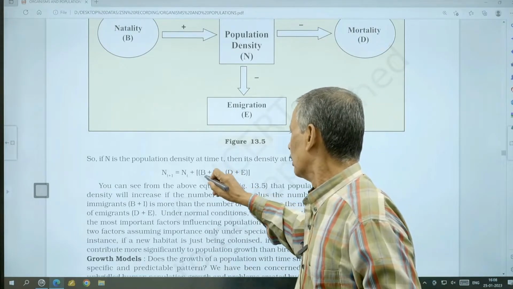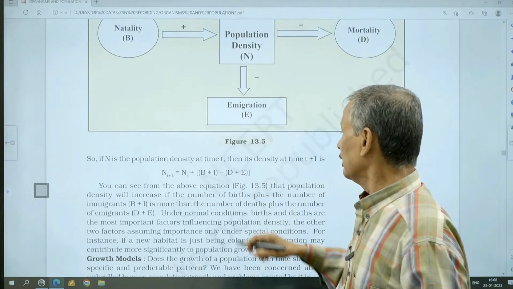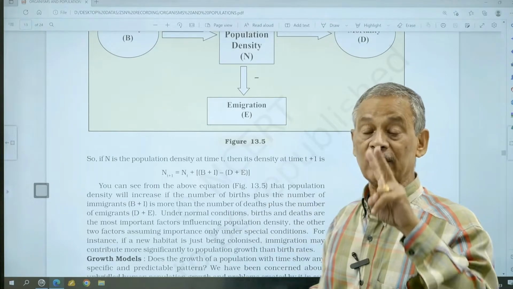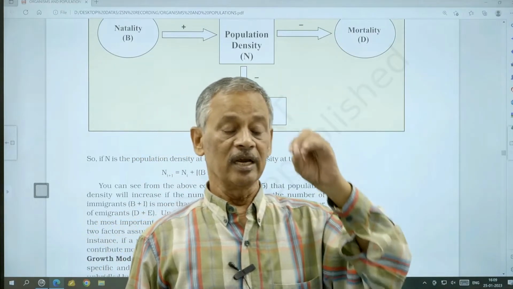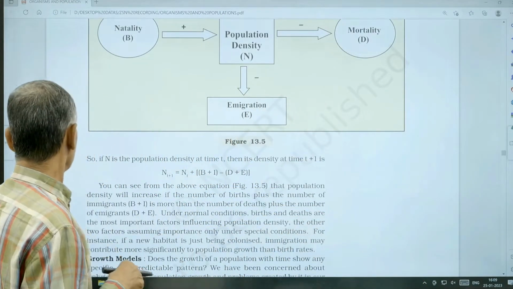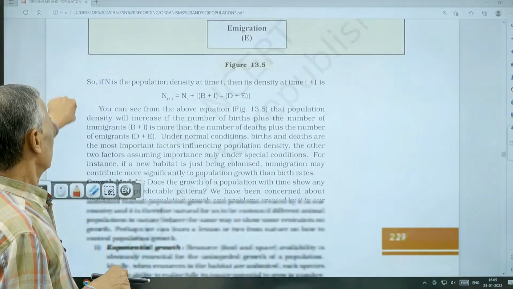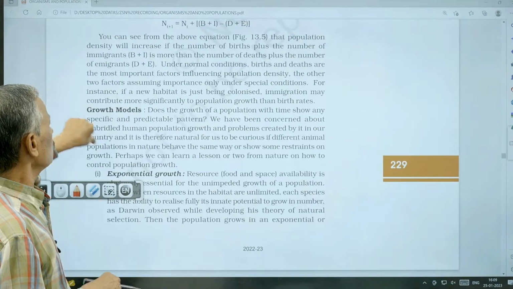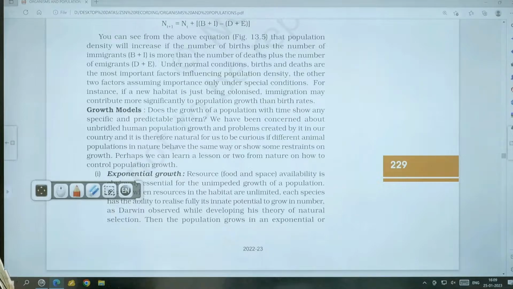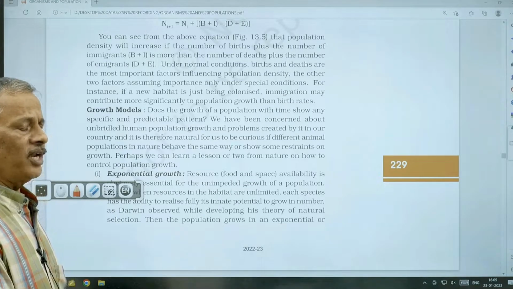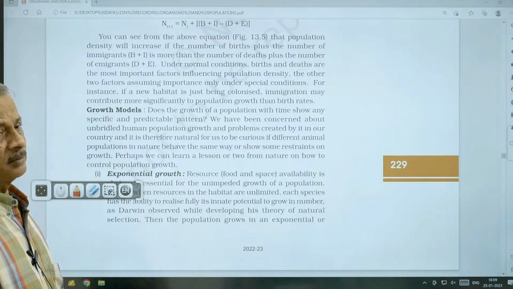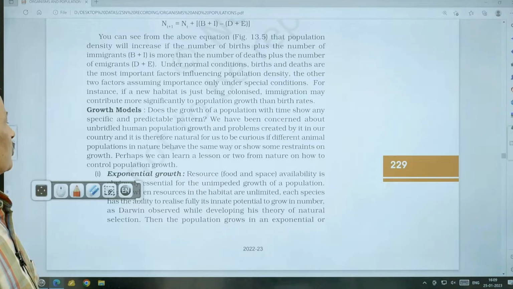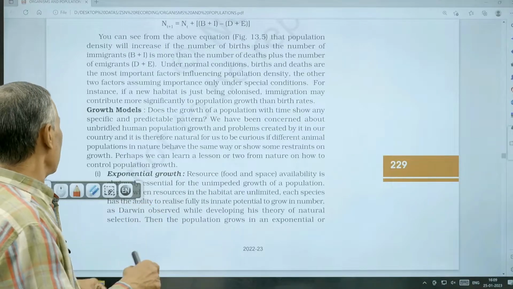But natality and mortality are the two most important factors that are responsible for the changes in the density of a population. Okay. And we are having two growth models. When the conditions are always favorable and resources are aplenty, we are having abundance of resources, then population will be growing in a J-like fashion.